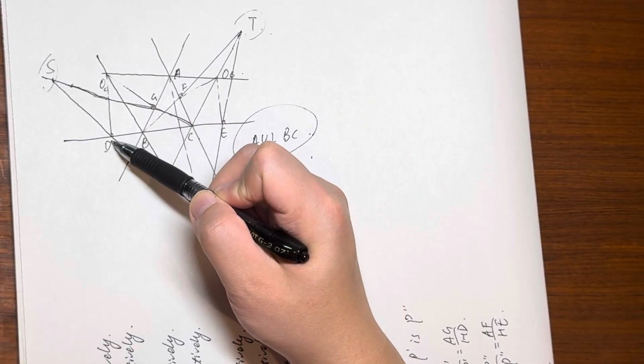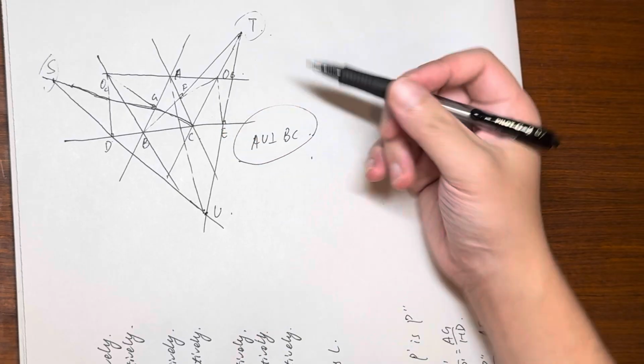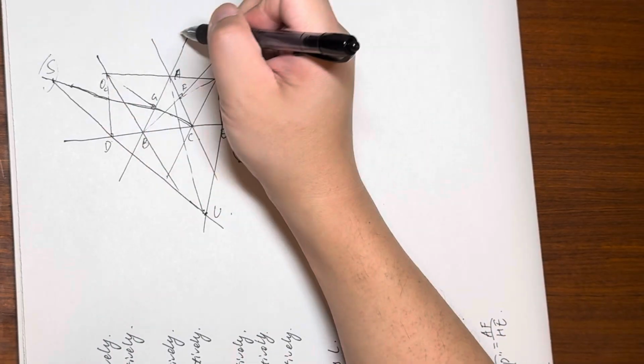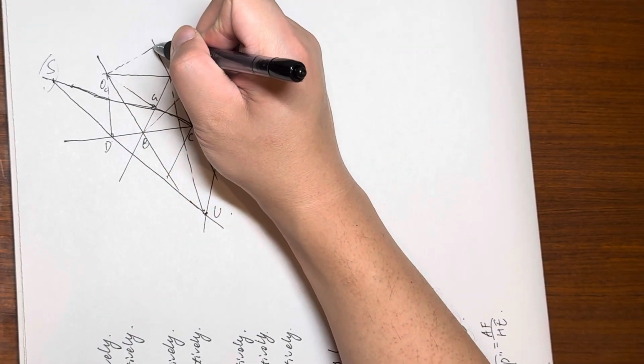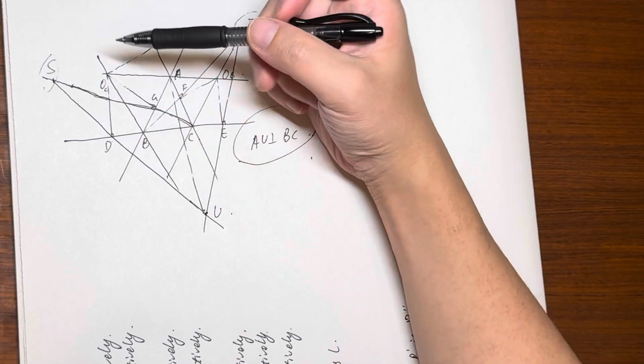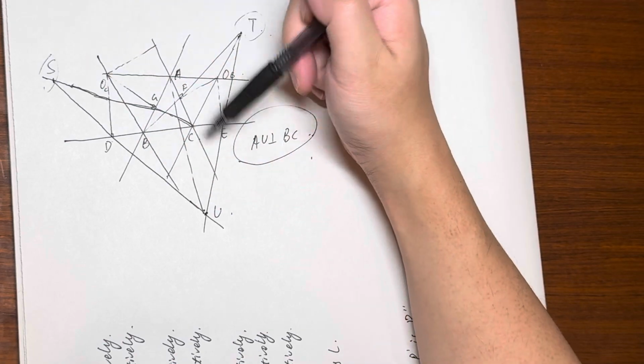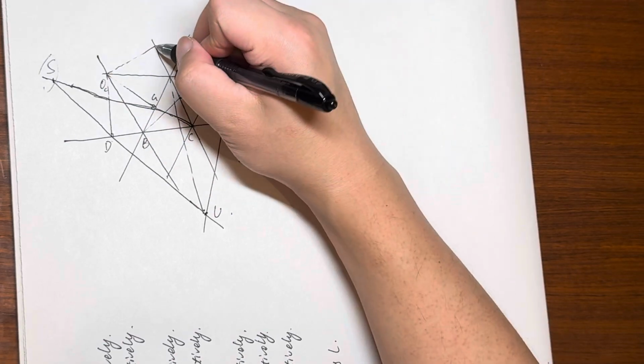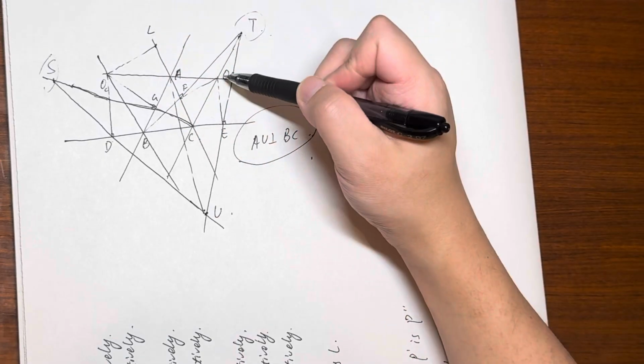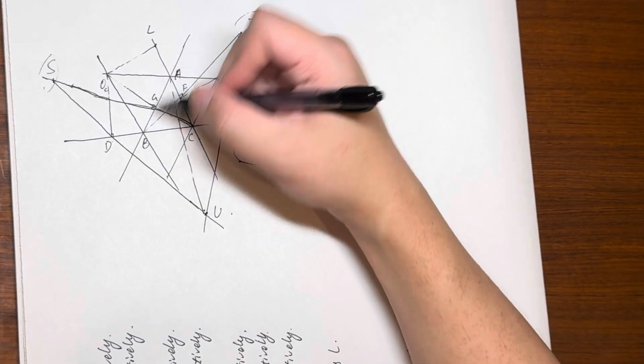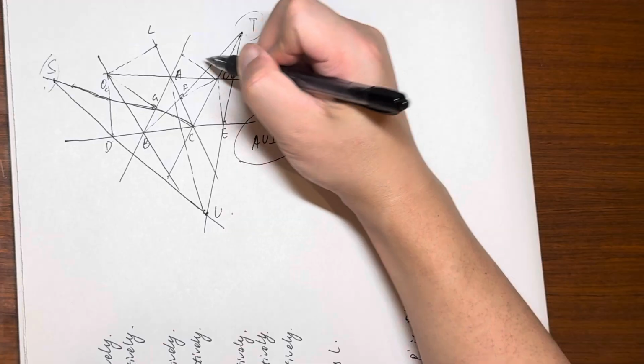CD here, let's see, the OC, the circle OC is tangent to AC on a point, let's call it L, and the circle OB is tangent to AB on a point, right?